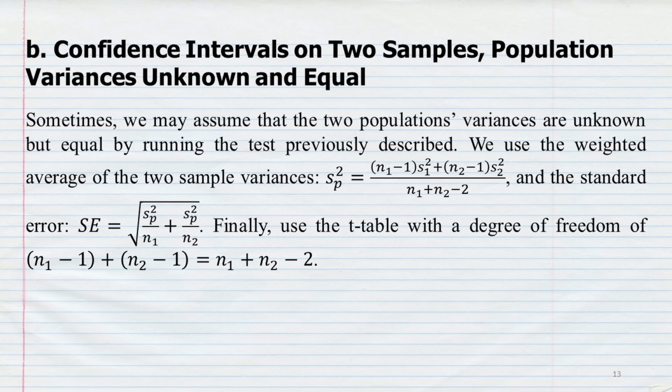Sometimes we may assume that the two populations' variances are unknown but equal by running the test previously described. We use the weighted average of the two sample variances, as shown, and the standard error, as shown in the slide as well. Finally, use the t-table with a degree of freedom calculated by the formula shown.